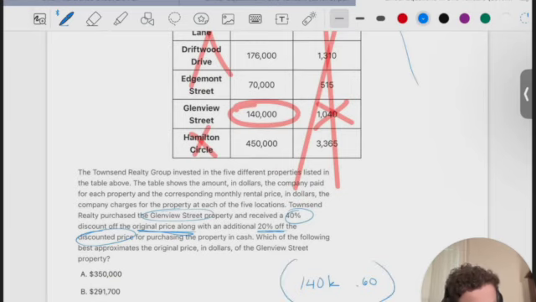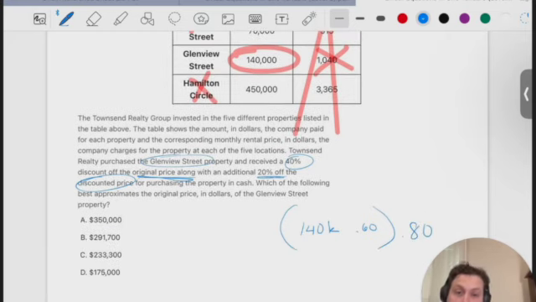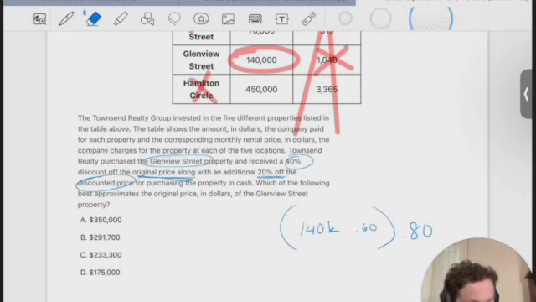Then we took that and took off an additional 20%, which meant I multiplied by 80%, because that's what remains, right? So 140 times 0.6 times 0.8. Ooh, I do not get one of the answers. Pause. Let's make sure I'm not making a silly mistake.